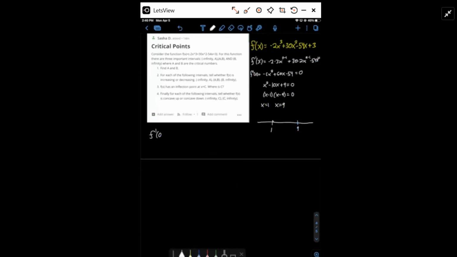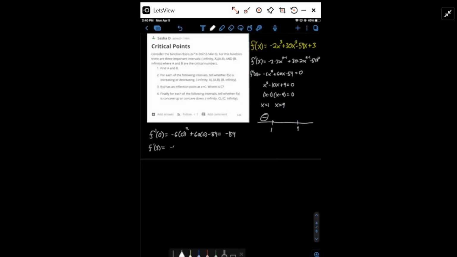f prime of 0 is going to be negative 6 times 0 squared plus 60 times 0 minus 54 is negative 54, so it's negative. Then we'll pick a number between 1 and 9, so let's just pick 3.